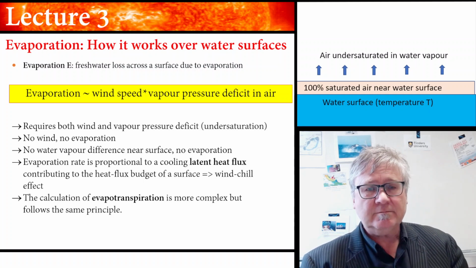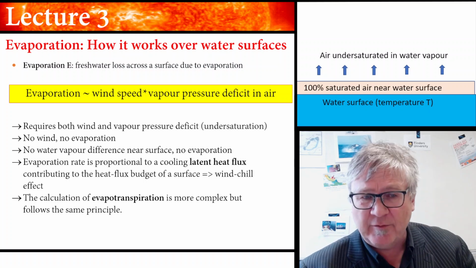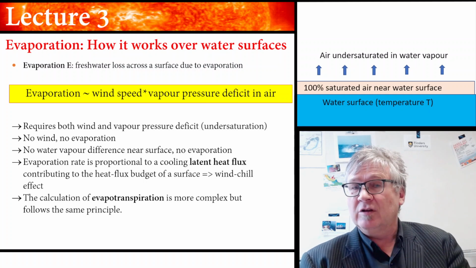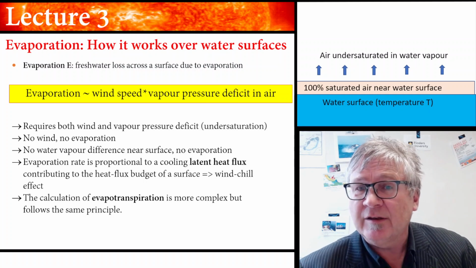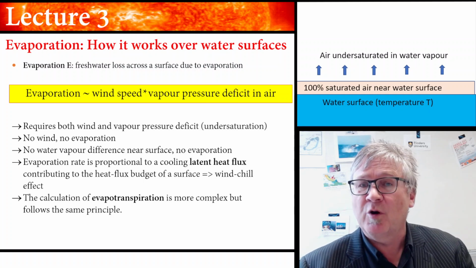Yeah? So what determines the rate of evaporation? Evaporation is a rate, it's a flux, it's a loss of water in terms of units of millimeters per day or millimeters per month.